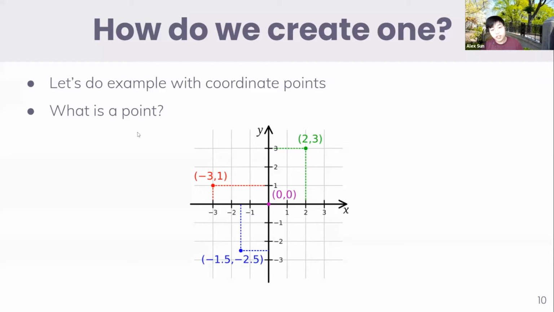You'd have int x1 equal to 2, int y1 equal to 3, then int x2 equals -3, int y2 equals 1. That's 6 variables for 3 points. That's so painful, and it's not very organized. That's where the blueprint, the class, comes in, because we can make one data type for ourselves that stores an x and a y grouped together. So it's easier to use and easier to read. Does that make sense?